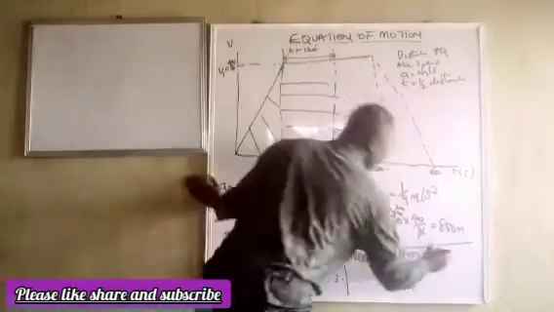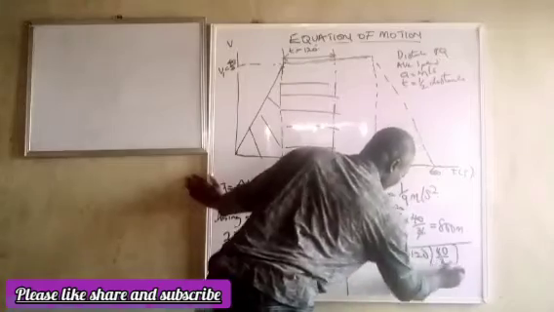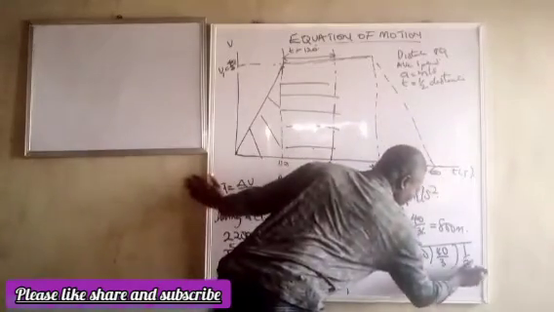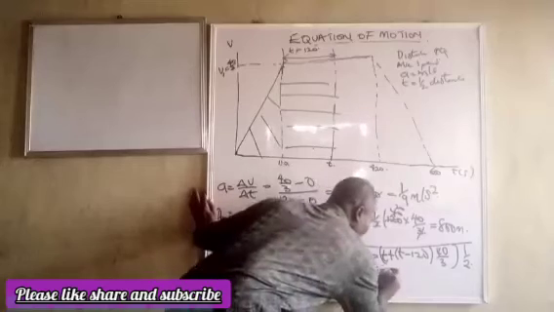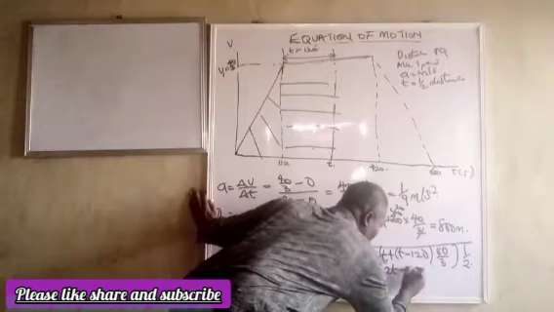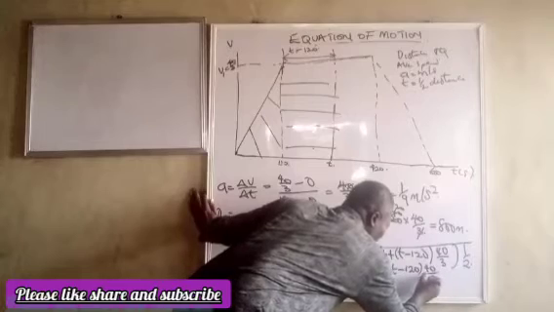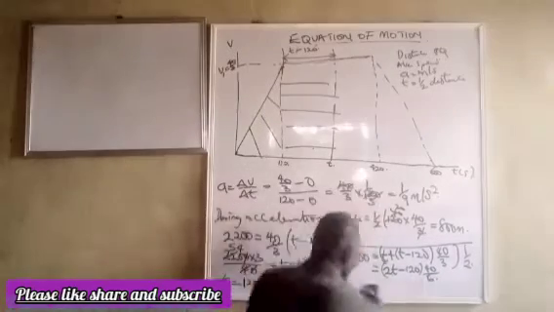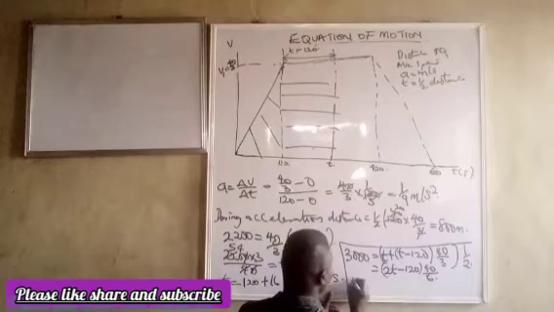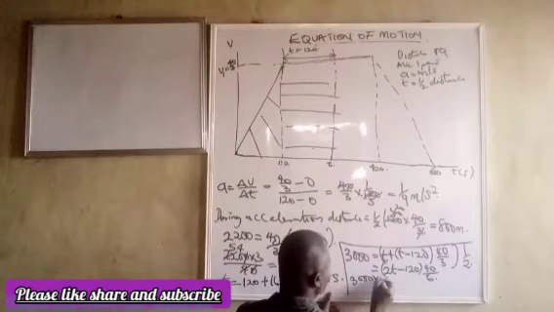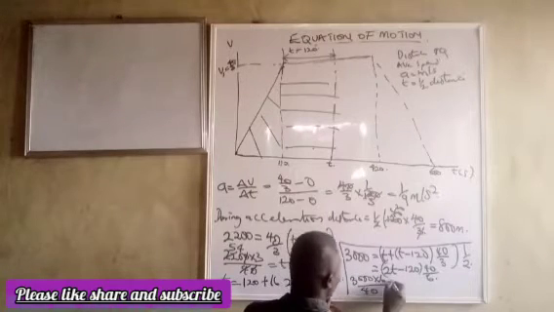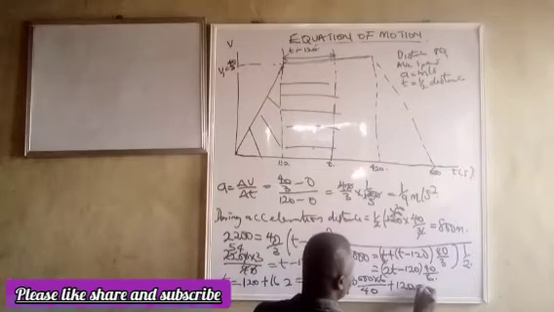What is the perpendicular height? 40 over 3, all half. So what do you have here? It's going to be 2T minus 120 into 40 over 6.